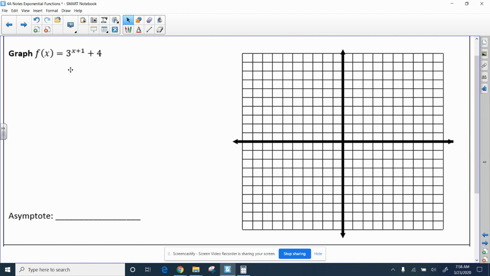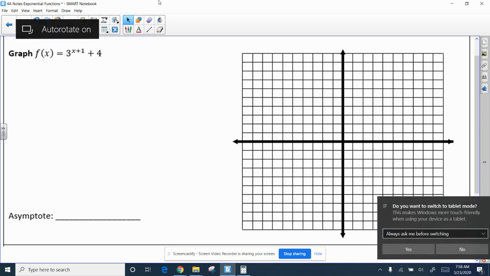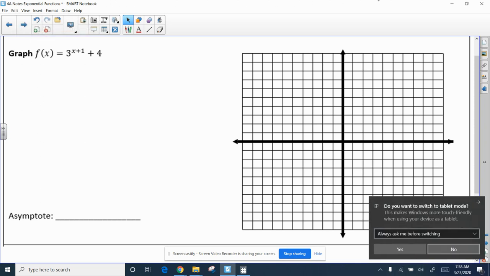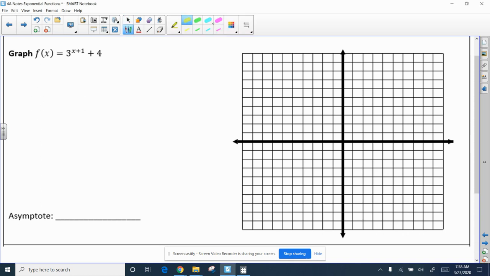So the first thing we want to do anytime we're trying to graph with transformations is we need to figure out the parent function. That way we can figure out some points that are on our parent function. So if I look at this function, we're trying to graph f of x equals 3 to the x plus 1 power plus 4. This, because it has a base and an exponent, is exponential.